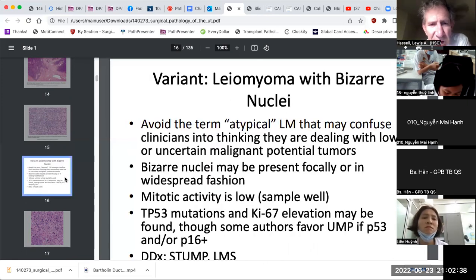So the question is, what do we do with P53 or P16 in these leiomyomas with bizarre nuclei?